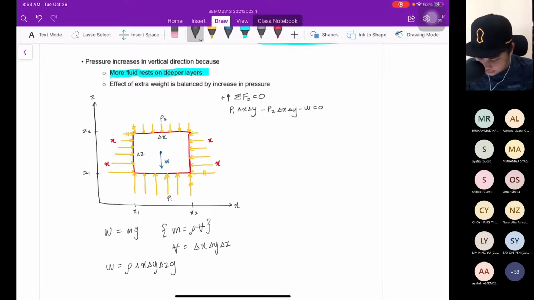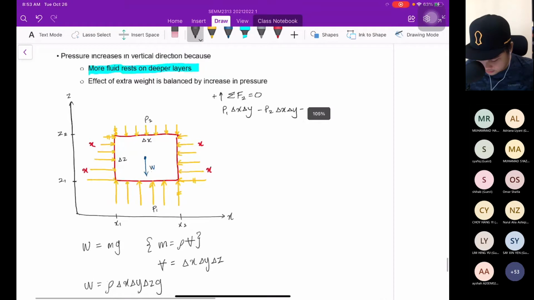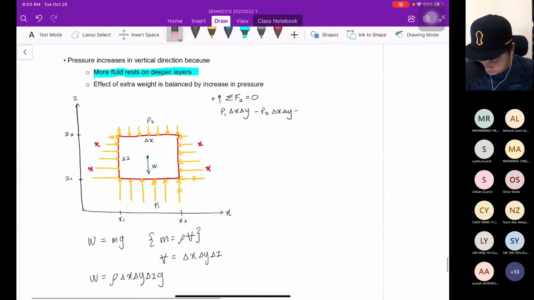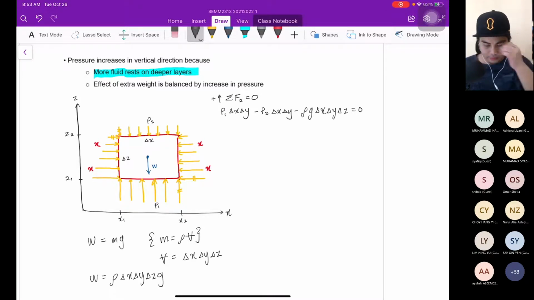Okay, so I want to substitute in here. So just remove here again. Put this one. The weight is equal to rho G delta X delta Y delta Z, equal to 0. Can we cancel?